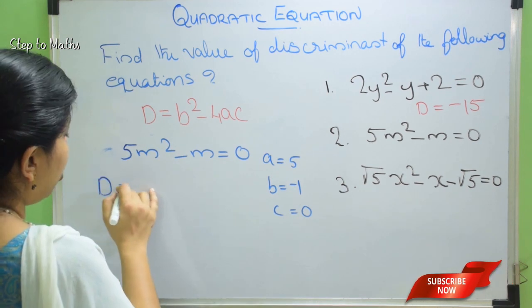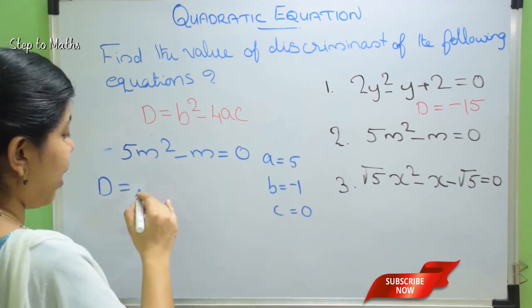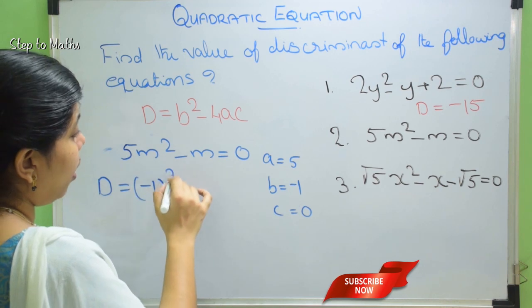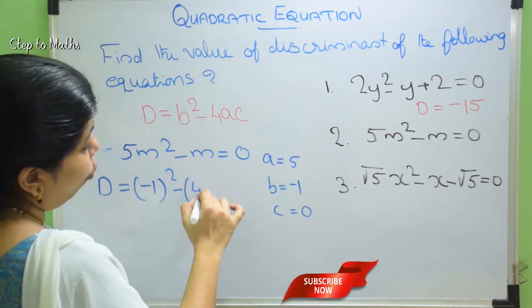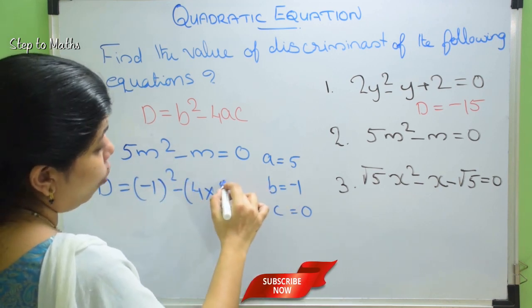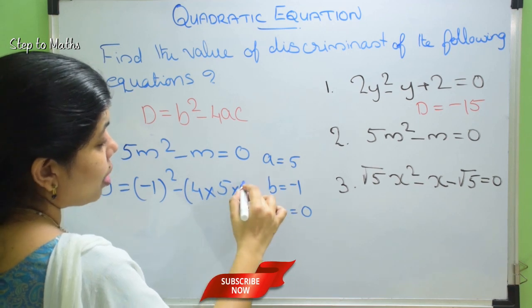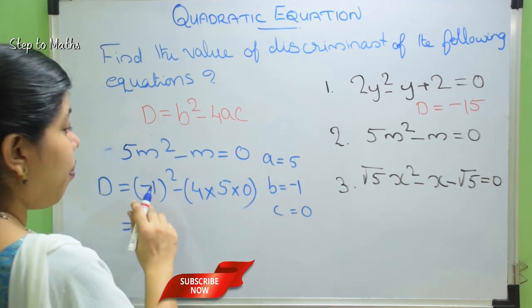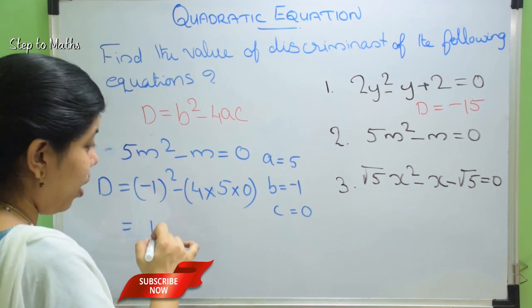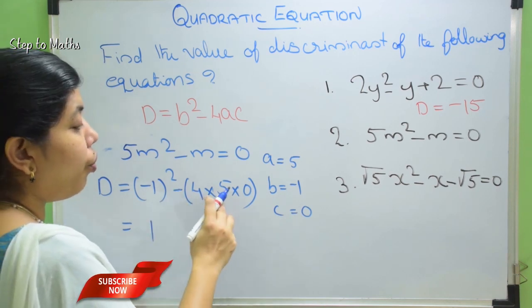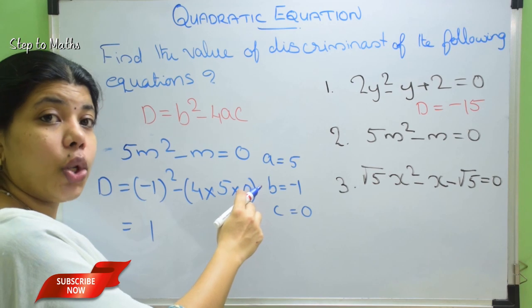Value of D equal to b square. b is minus 1. Minus 1 square minus 4 into a is 5 into c is 0. Minus 1 square is 1 minus 4 into 5, 20 into 0 is 0.